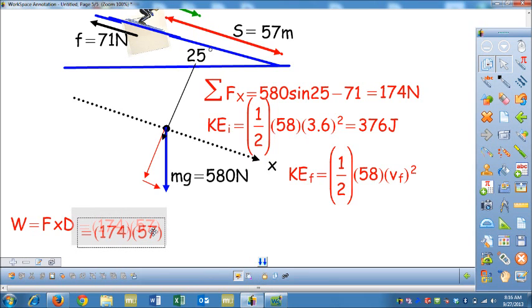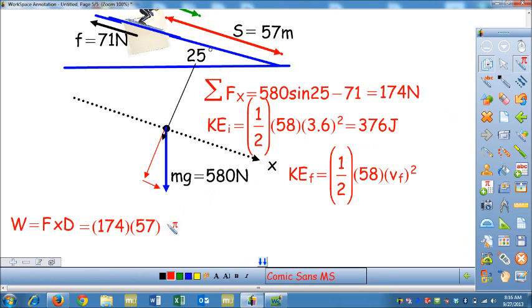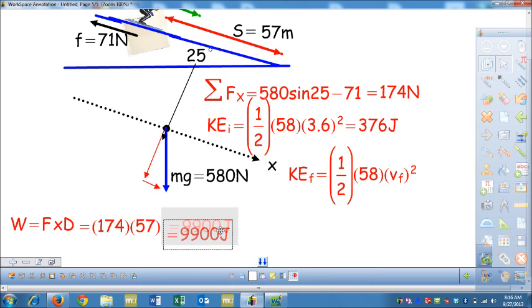Let's see, 174 times 57, I'll call it 9,900 joules. So that's got to equal kinetic energy final minus kinetic energy initial.